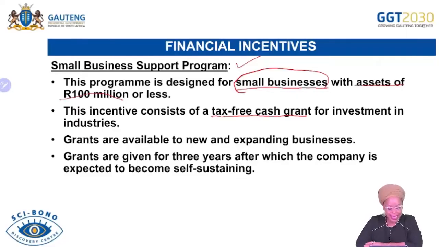However, this grant, the Small Business Support Program, is only offered for 3 years. After 3 years, your industry should be able to sustain itself. It should be self-sustaining. It should keep on going without government financial support.